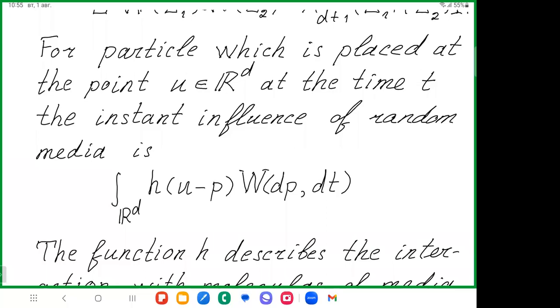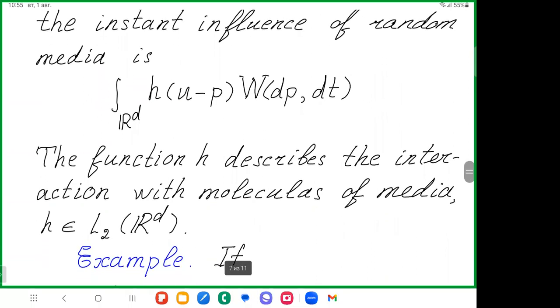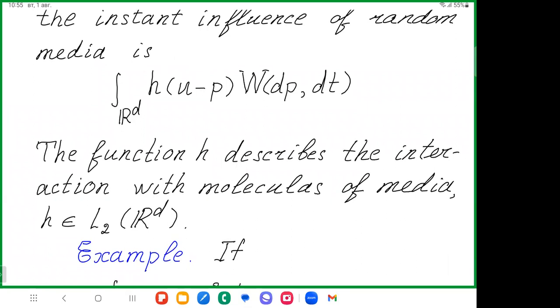And we have such an integral as it reflects the sum of influence of molecules of the media, and dt is corresponding to the time t at which we are trying to calculate this influence. So from technical reasons, we suppose that h is from L2(R^d). And now let's consider examples.